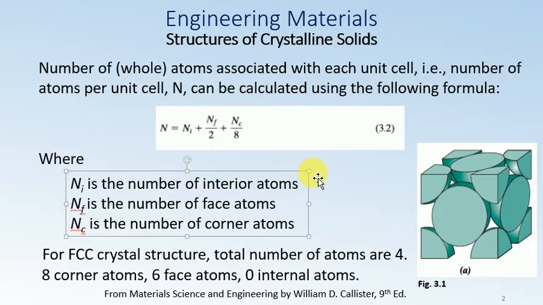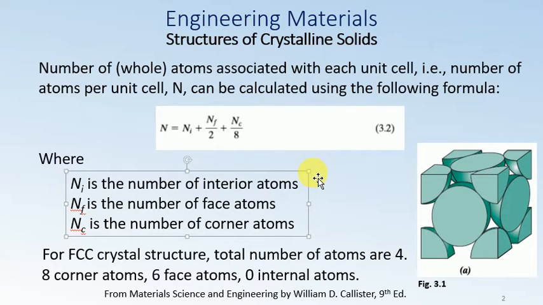How many total complete atoms are then in a unit cell? We can calculate this total number of atoms per unit cell, which we call n, using the formula 3.2 given on this slide. That is, n equals Ni plus Nf over 2 plus Nc over 8.